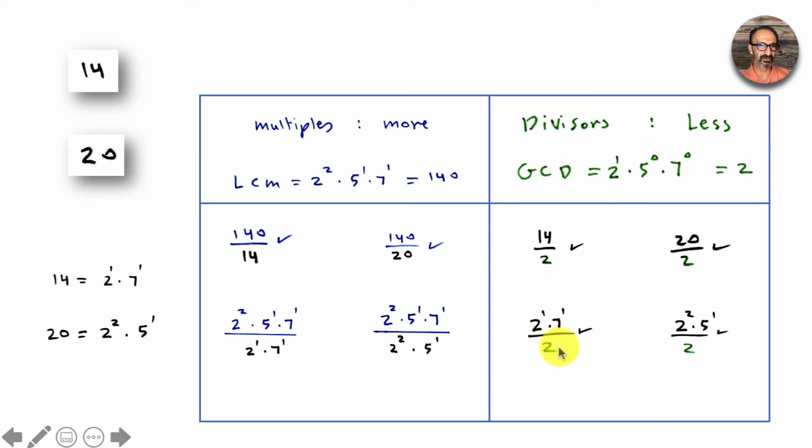I could have the 7, but the 7 does not work here. So the 7 works for 1 and the 5 works for 1, but it doesn't work for both. We need a common factor. I think we all agree now that 2 is a common factor. 5 is not a common factor. Hopefully my example is clear. Why we pick less for factors, we pick more for multiples.